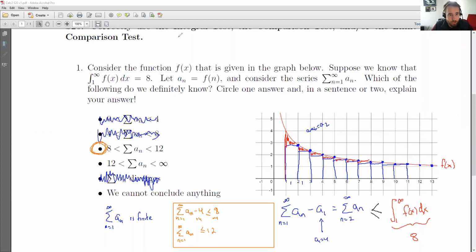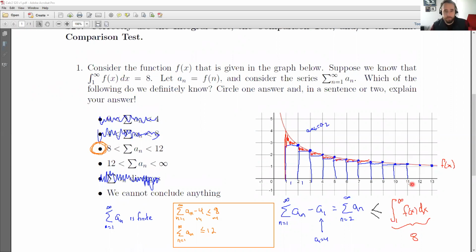The series should converge because the integral converges, and our integral test says that when the correct circumstances are present, those should both be true. They should either both converge or both diverge. In this case, both converge. Second, we should definitely have been able to figure out our first inequality, that the sum of a sub n is greater than 8, by doing our initial rectangular argument.